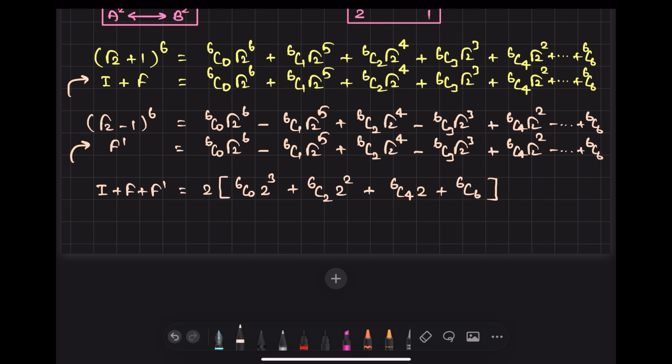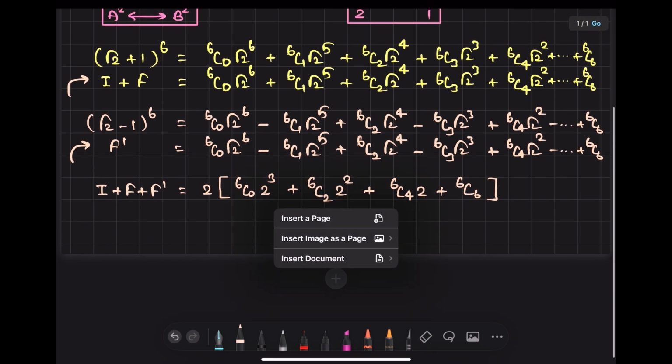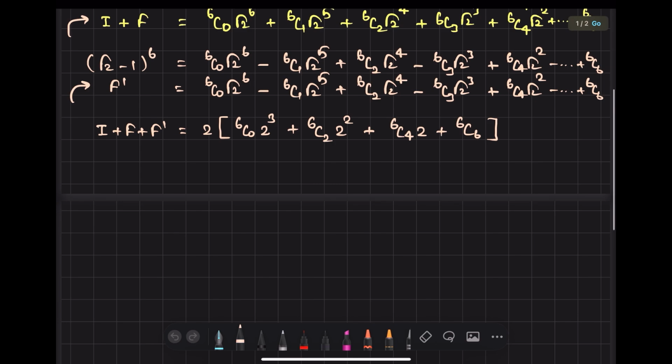Now do a little bit of simplification on the right hand side. You know that 6C0 is 1, so 1 into 2 power 3 is 8. Now what is 6C2? 6 factorial by 2 factorial and 4 factorial.